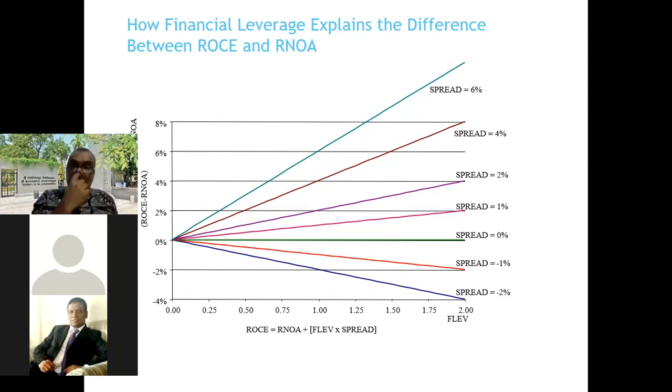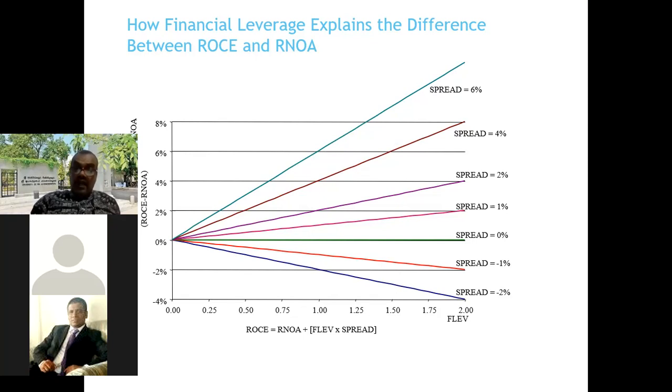The difference is always explained by the multiplication of spread and financial leverage. So the thing you need to keep in mind is that the impact on ROCE results not only from one component, but from the combined impact of spread and leverage. Then you've got to be very careful.